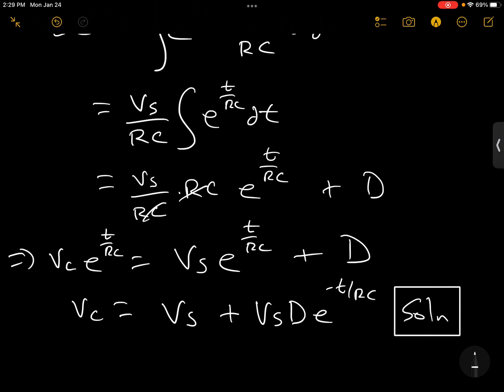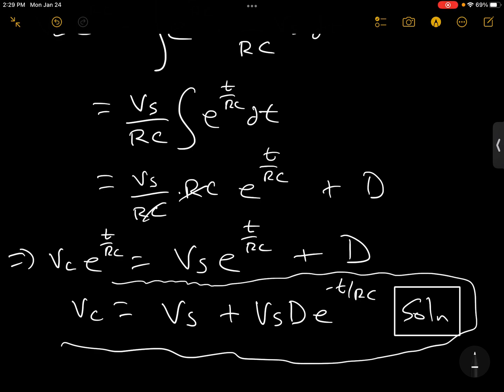That's from our class. You all could do this by now. And sure enough, as t goes to infinity, because it's in the exponent of the e, VC approaches VS.